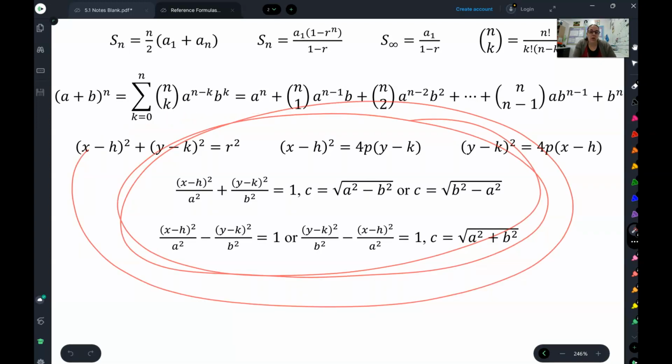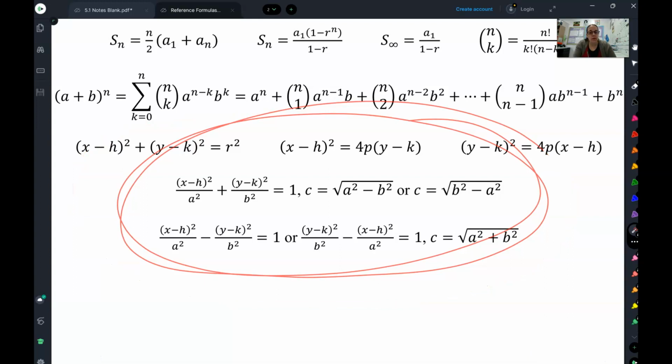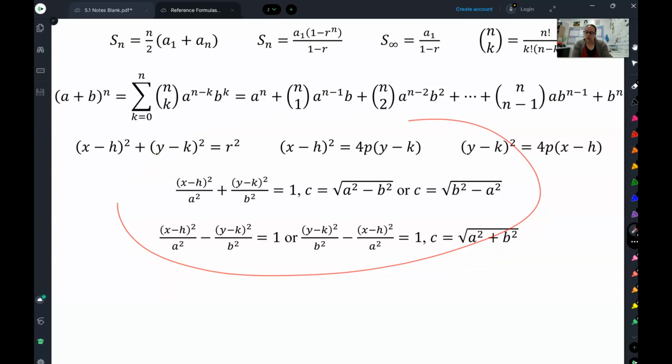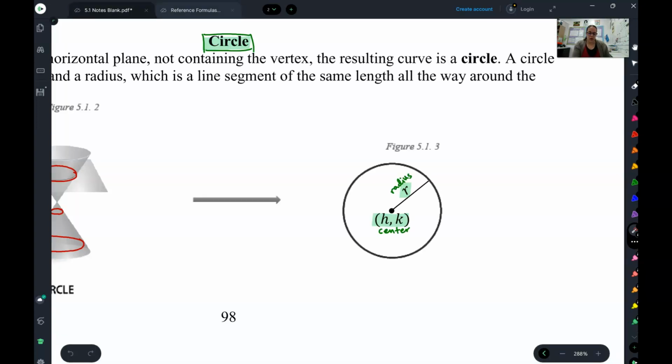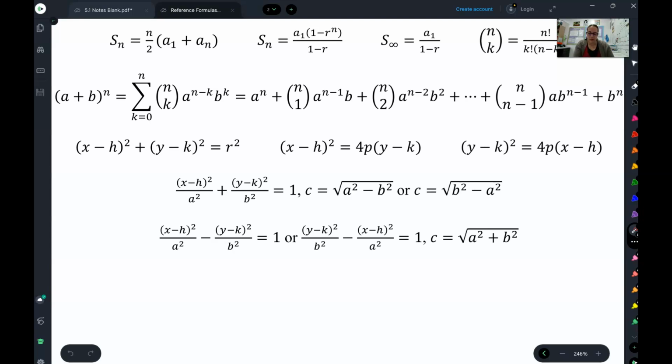And what I would like you to do is to be able to look at these equations and know which shape they go with. So, the first shape we introduced right now was our circle. And the circle, the only important things are the center and the radius. So if you look at the equations on this sheet, which equations use a center point, h comma k, and a radius r?